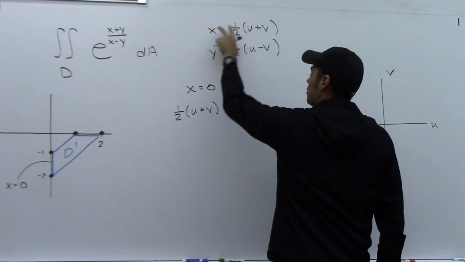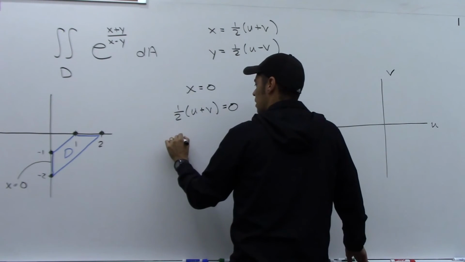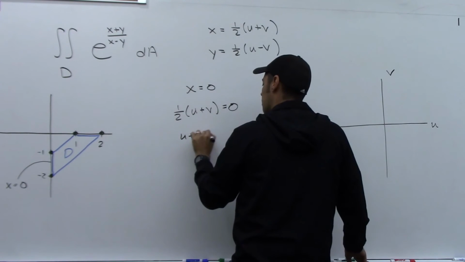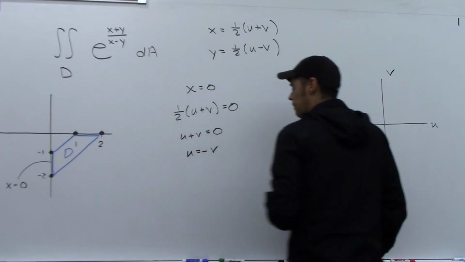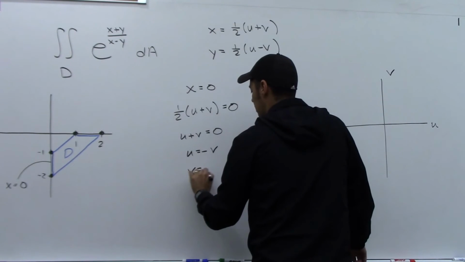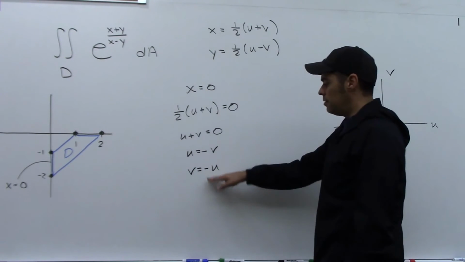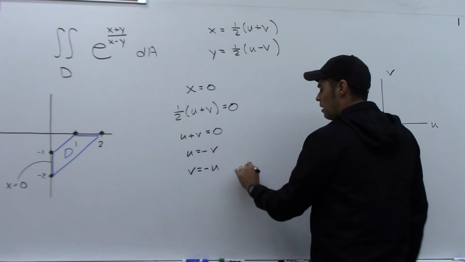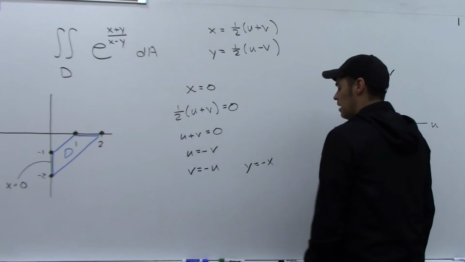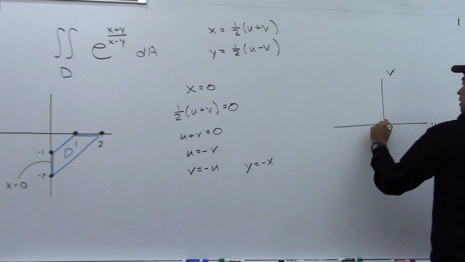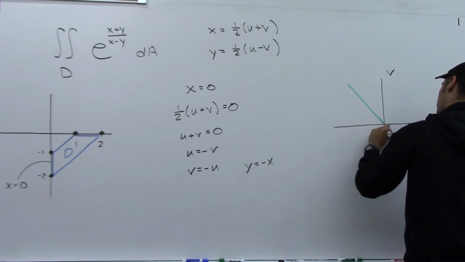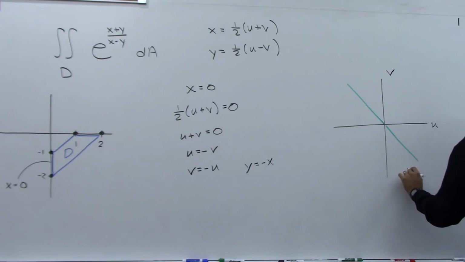And then that means u plus v equals 0 if I multiply both sides by 2. So u must equal -v. Or you could say v must equal -u. I think I'll use this one instead. That looks a lot like y equals -x. So that's just a line with the slope -1. But it goes like this. This is v equals -u.